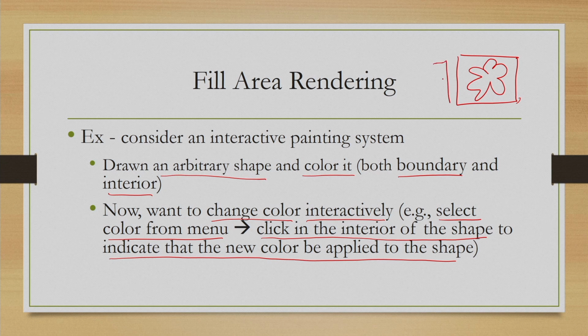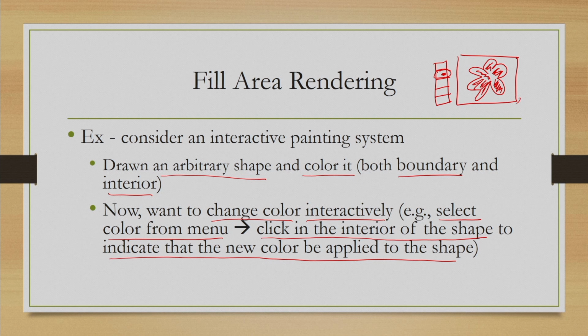Then there may be a menu of colors or say a color palette. So, we may choose from this menu, say for example, this color, click our mouse pointer or touch some point inside this shape, and then this entire color is applied in the interior of this shape. So, that is interactive coloring of a shape.